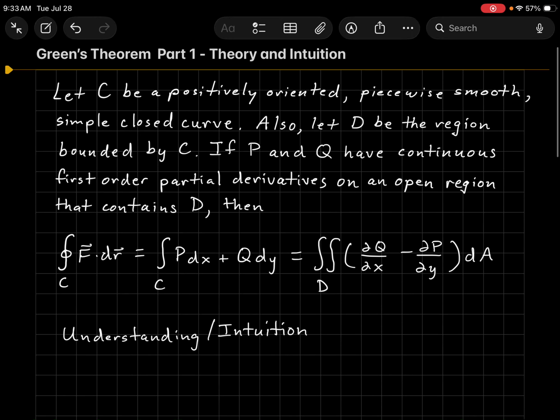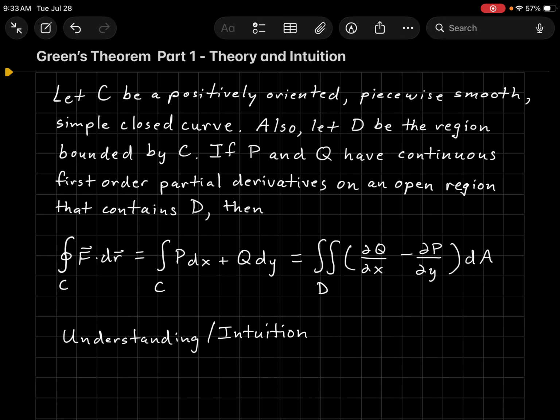Now, let's go back just briefly and revisit this idea where we have a function of x, y which gives us a gradient.